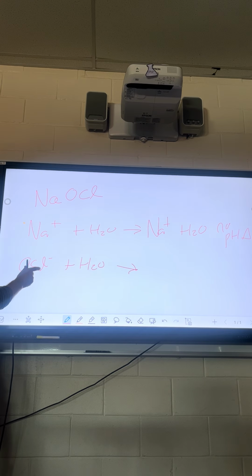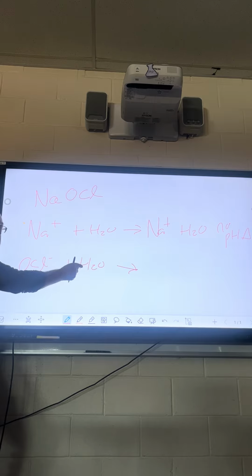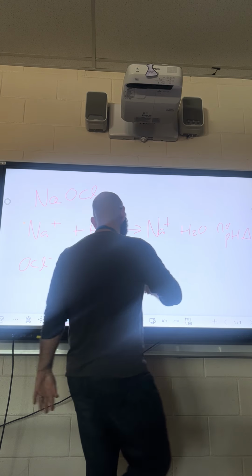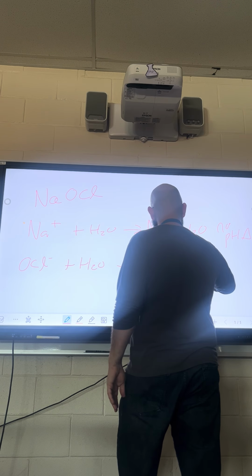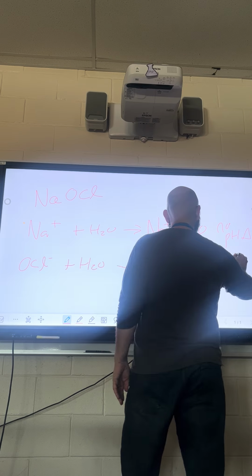Is OCl minus a stronger base than H2O? Because it's a weak acid's conjugate base, yes, it is. So this can steal what from H2O? This can steal a proton, and I'm going to get this.